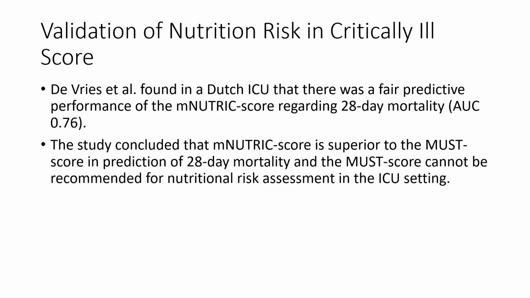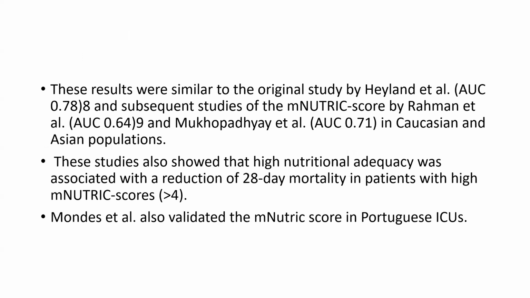Now, the validation of the nutrition risk in the critically ill score. De Vries et al. found in the Dutch ICU that there was fair predictive performance of mNUTRIC score regarding 28-day mortality. The study concluded that mNUTRIC score is superior to the MUST score in prediction of 28-day mortality, and MUST score cannot be recommended for nutritional risk assessment in ICU setting. These results were similar to the original study by Heyland et al.